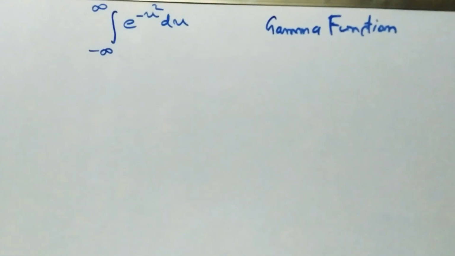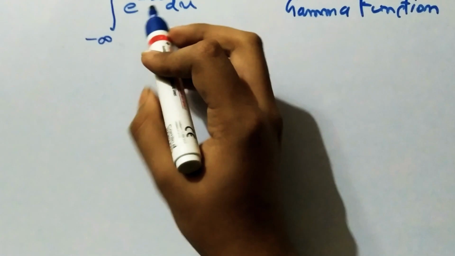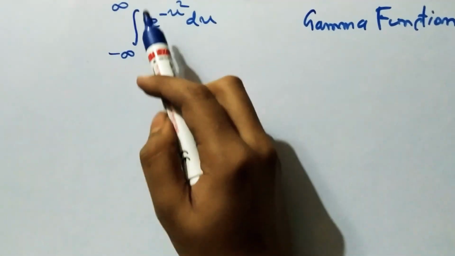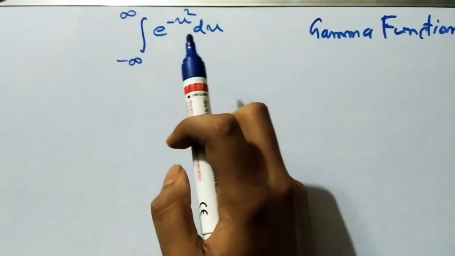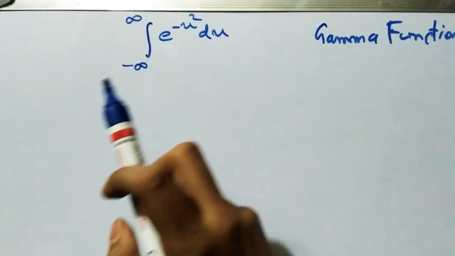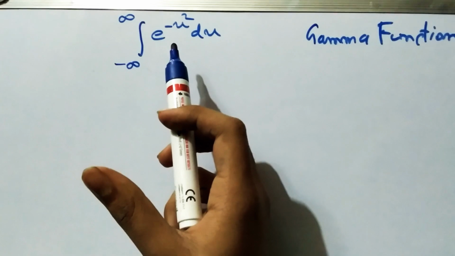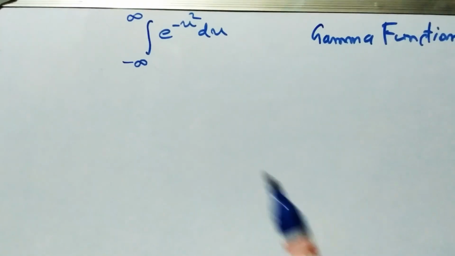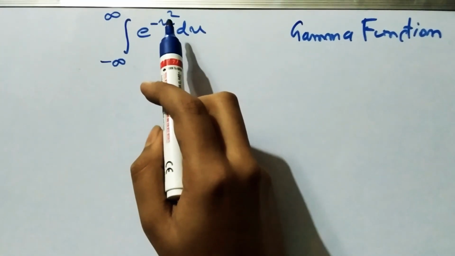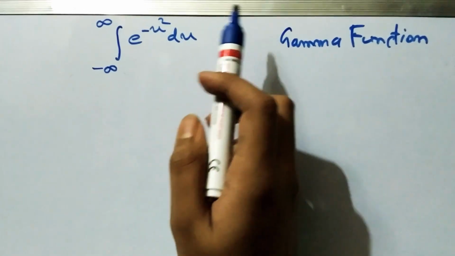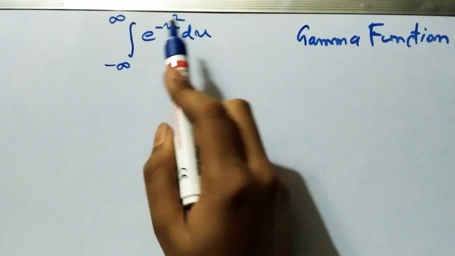Starting with this, we can notice that this function is an even function, which is symmetric about the point x equals 0. This is obviously quite clear, because whether x is positive or negative doesn't matter, since it is x squared.